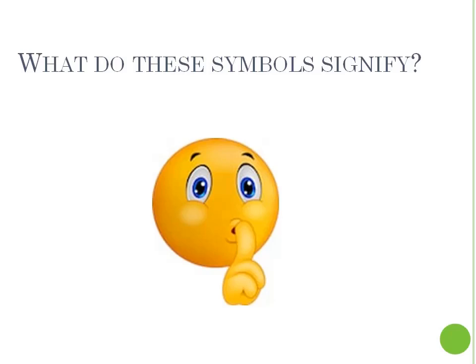What does this mean? Yes, it is a sign to show that we have to keep quiet and maintain silence. Remember, the lab is a place where we have to maintain silence.